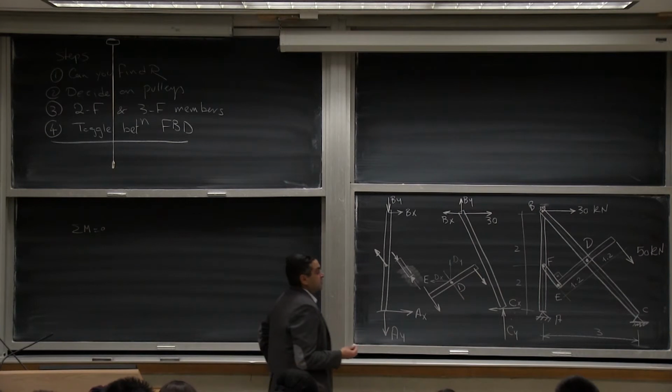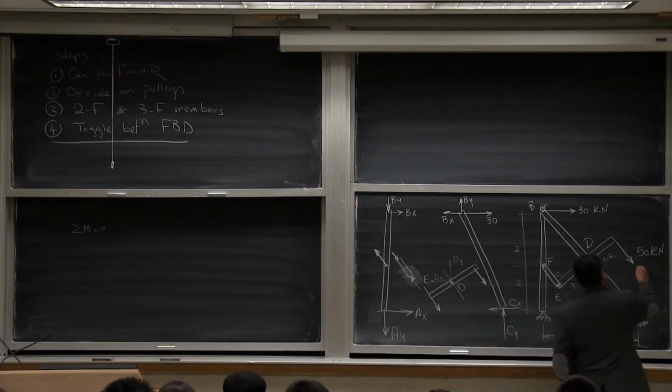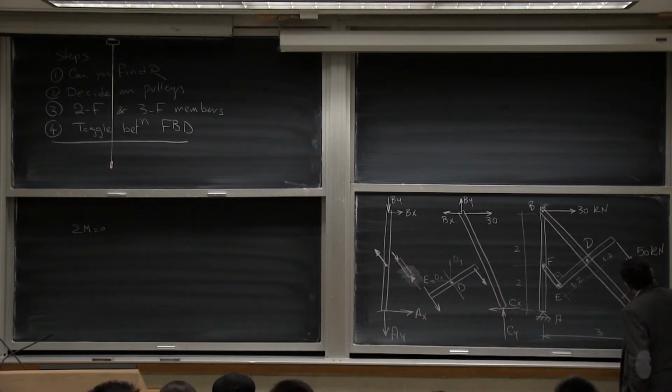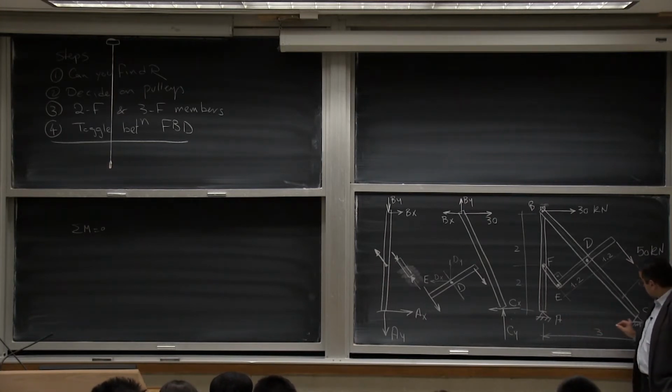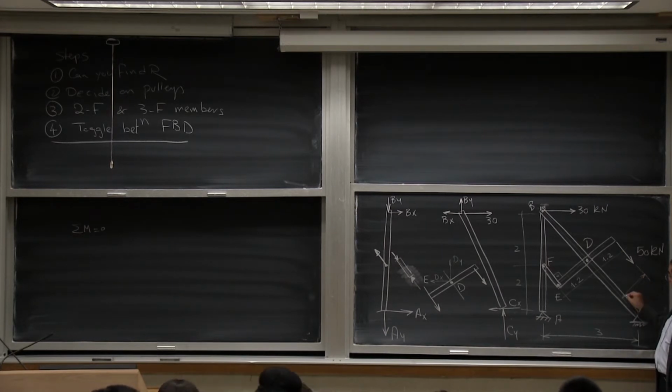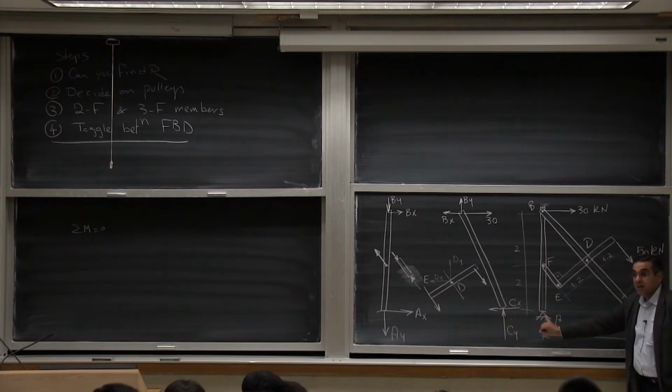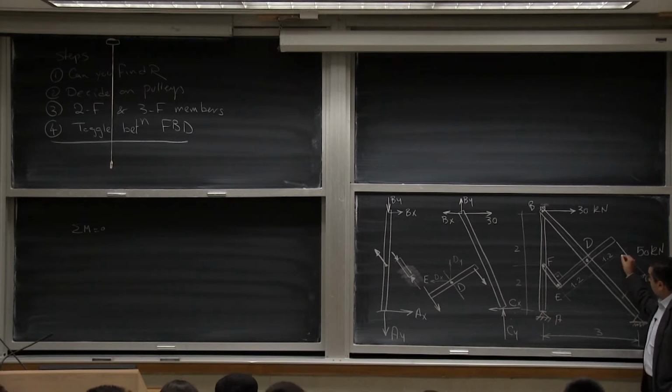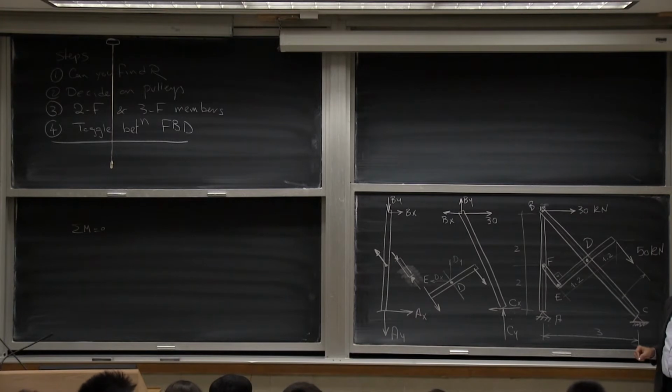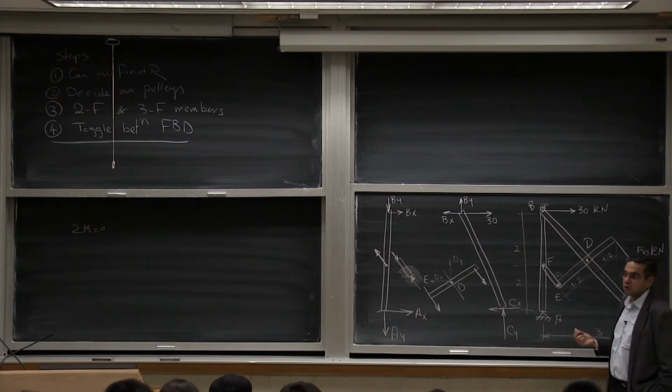C. The reason C is better is because I know this perpendicular distance. If I go for sigma MC, that would give me this directly related to here, and I can find AY. If I go to sigma MA, then I'll either have to find this perpendicular distance, which is not that easy to find, or resolve this into x and y, and then find the distances. You can still do it, but it's going to take you a long time.